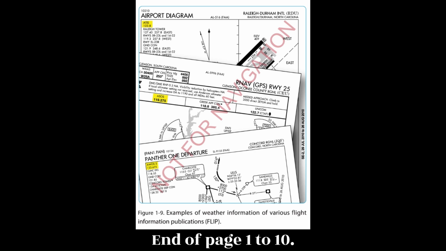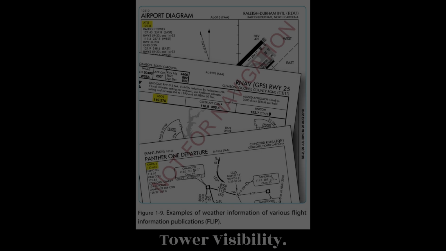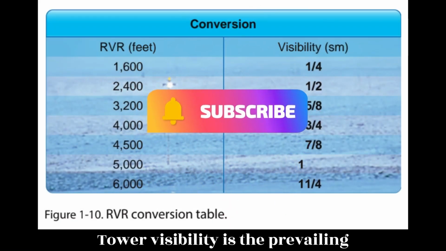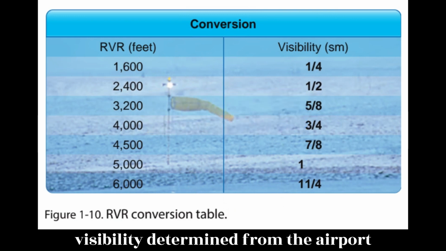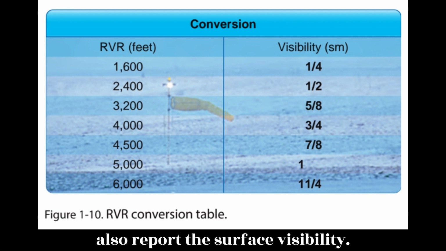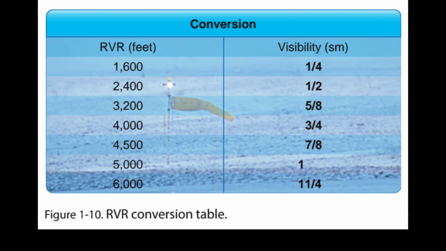End of page 1-10. Tower visibility. Tower visibility is the prevailing visibility determined from the airport traffic control tower at locations that also report the surface visibility. Runway visual range, RVR.